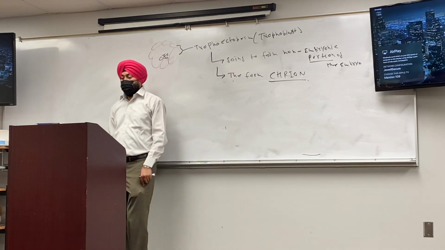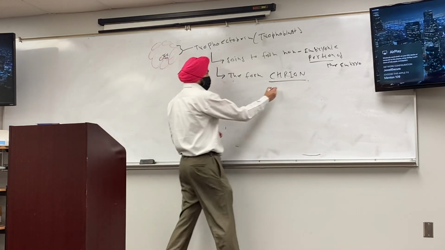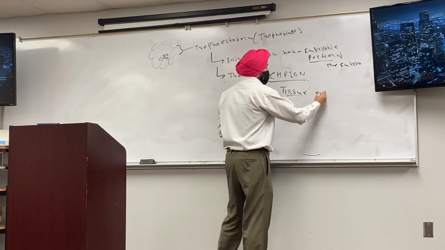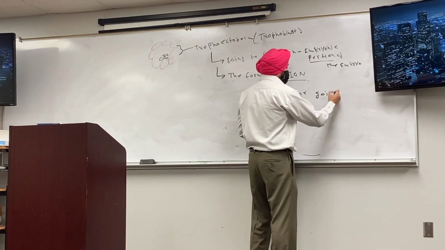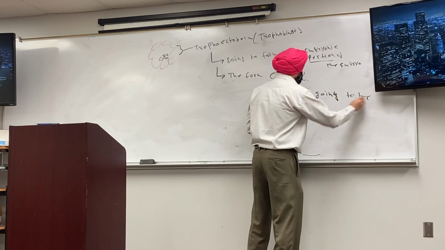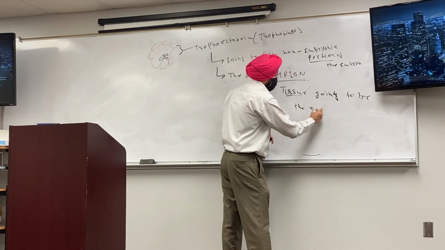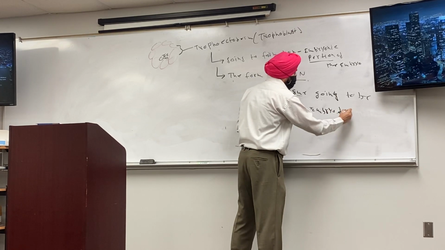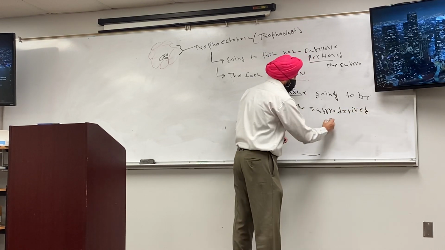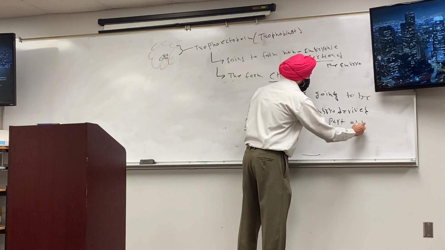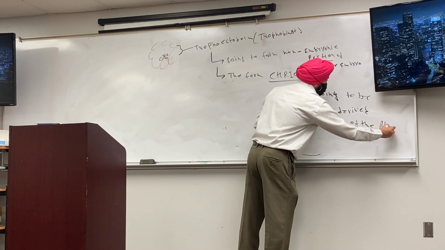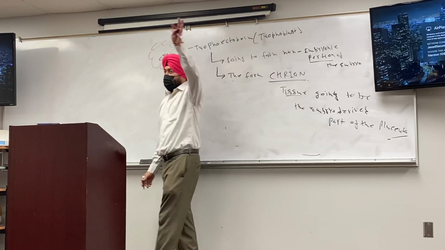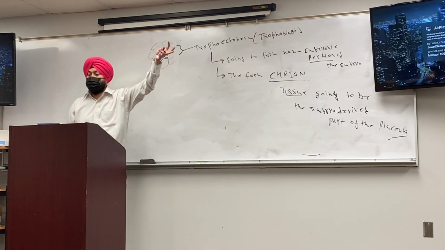And what is chorion? Chorion is the tissue going to be the embryonic or embryo-derived part of the placenta. So essentially they are joining the embryo with the placenta. The chorion is that part.